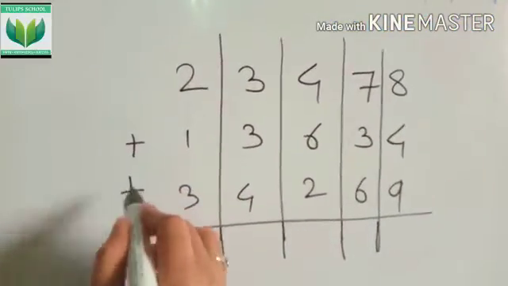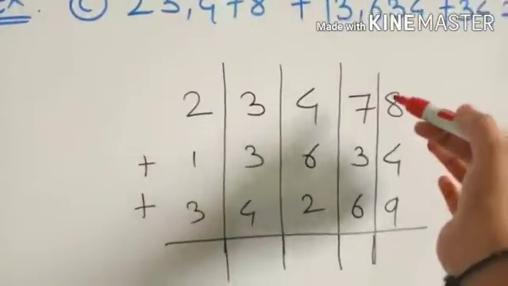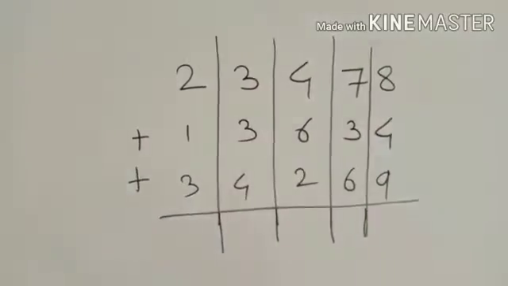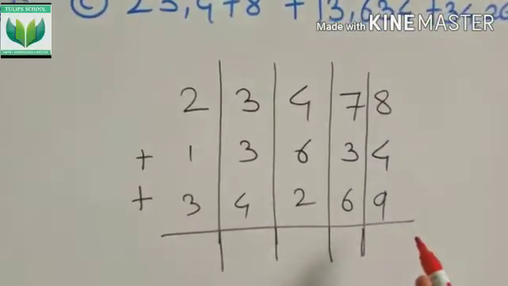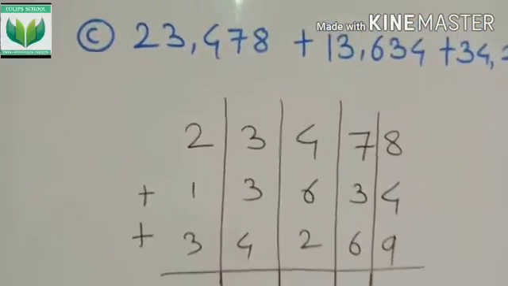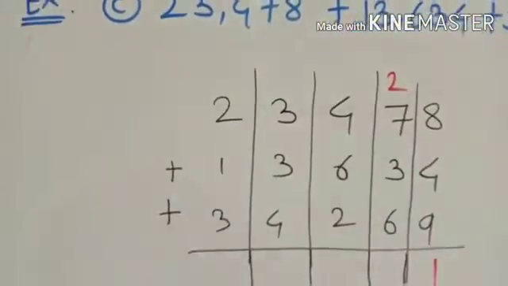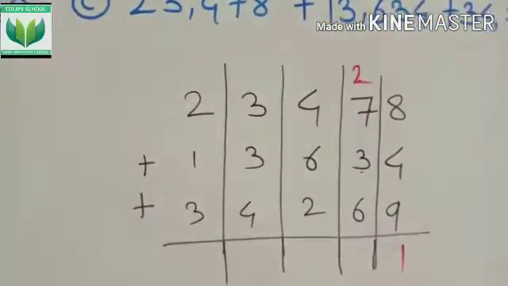Now let's do addition. Now tell me, 8 plus 4 plus 9. How many? 8 plus 4, 12. 12 plus 9, 21. 1 we have to write and 20 carry. 7, 8, 9. 9 plus 9, 18.